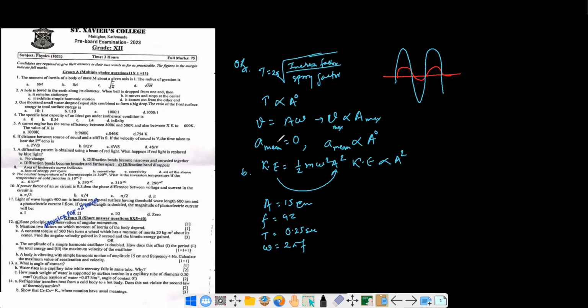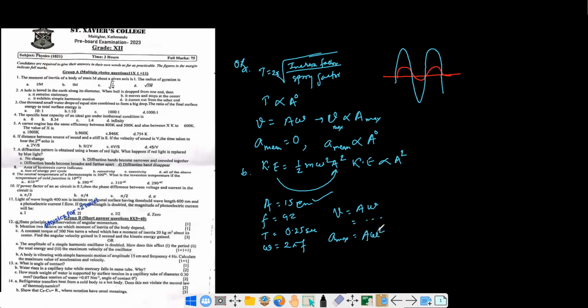So simple, we already got the formula. v max equals a omega. Omega means 2 pi f, and a, the amplitude, is already given. So you can just put the values and easily get the maximum velocity. Then the maximum value of acceleration: the mathematical relation for acceleration is a omega square.